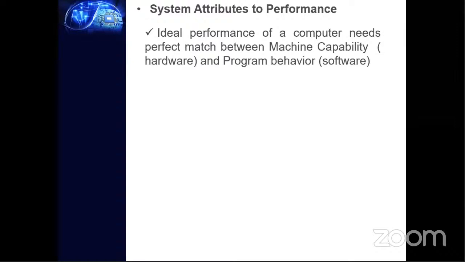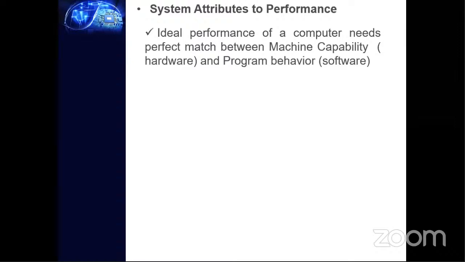So what is the meaning of this? Suppose a computer is there, whether it is a parallel computer or a sequential computer. Say there are two parallel computers before you.